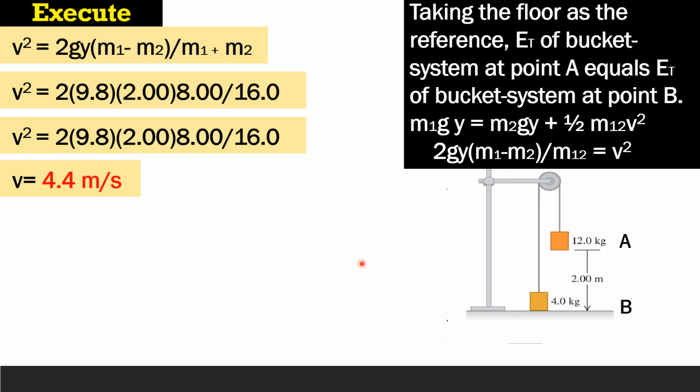So we are done actually in answering our question number 3. That is the speed of the system that we wanted.